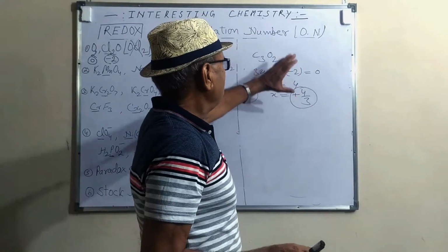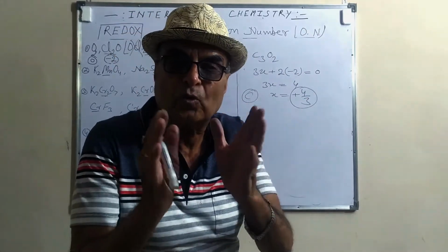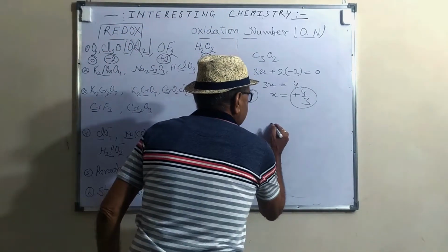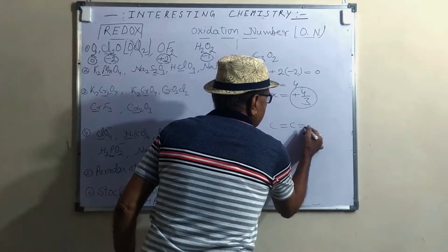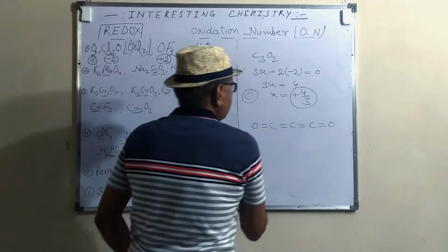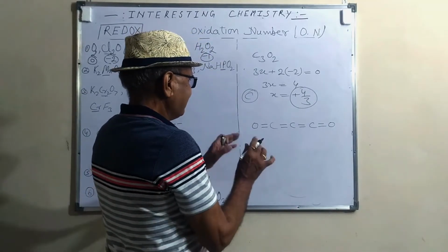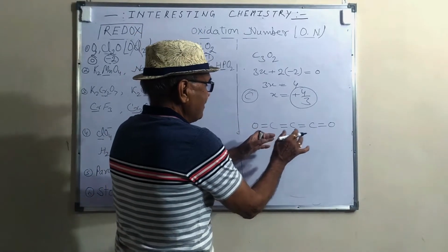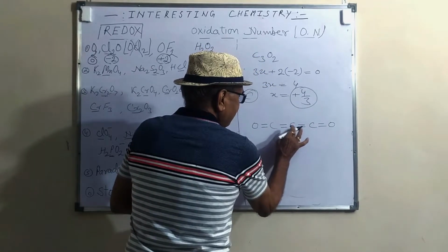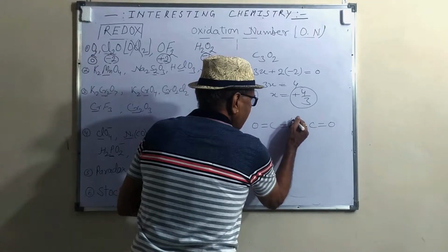Now, to know about this, there are 3 carbon atoms. You should go into the structure. What is the structure of C3O2? It is O double bond C double bond C double bond C double bond O. In this case, because this carbon is placed in the center, the oxidation number of this carbon is 0.